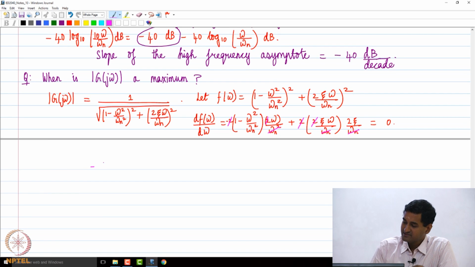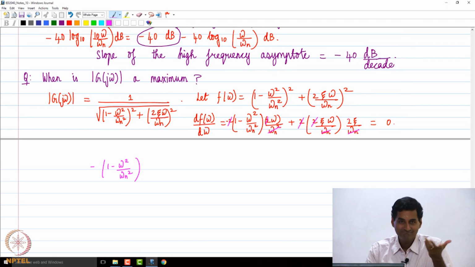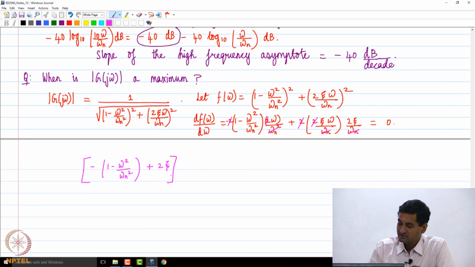I will have minus 1 by ω squared divided by ωn squared. Obviously, ω is not 0. Of course, I can have 2 solutions, we will come to that shortly, so plus 2ζ times ω is equal to 0. So this has two solutions. I just simplified this and wrote it.